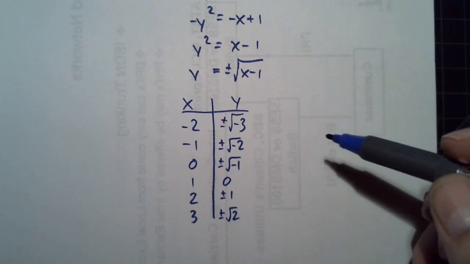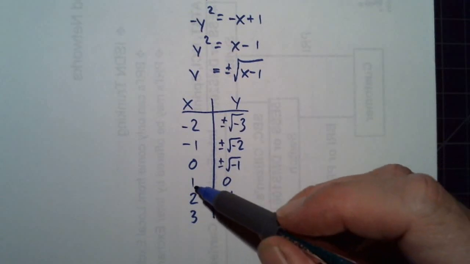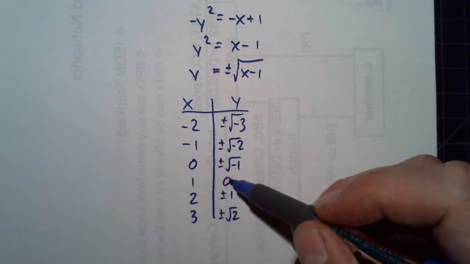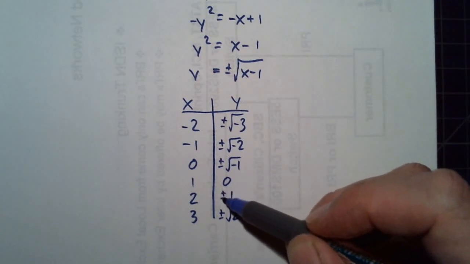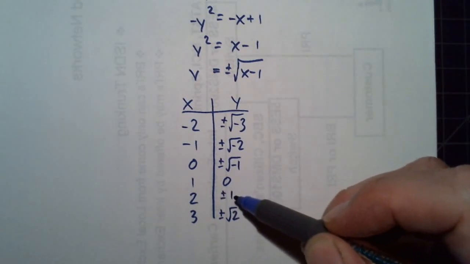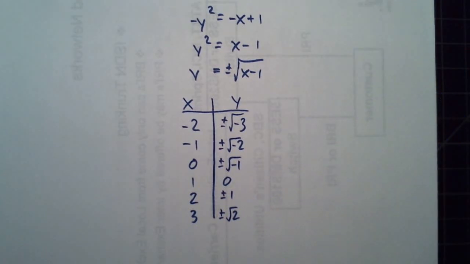So out of these points, we have one x value, one y value, one x value, two y values, and the sign of the y value is changing. So if we have the y value changing signs, then we have x-axis symmetry.